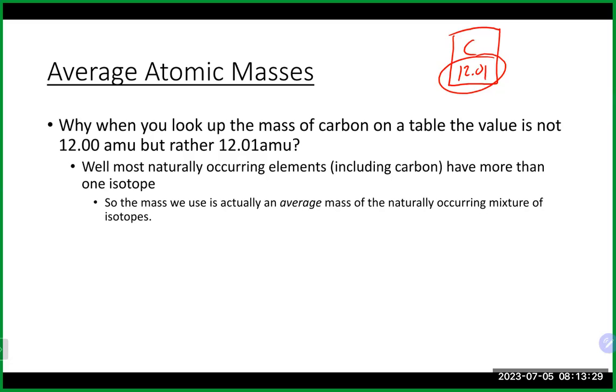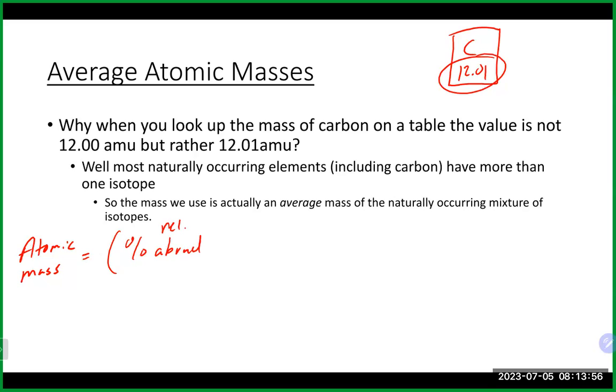There is a calculation that you could do to calculate that. If you wanted to calculate the average atomic mass, you basically would do a couple of things. You would take the percent abundance, or relative percent abundance. That's basically the percentage at which that isotope occurs naturally. So obviously 100% would be all of them, right?